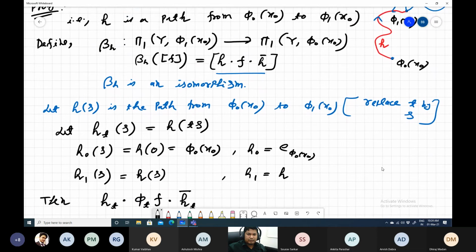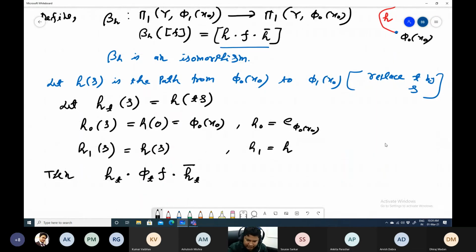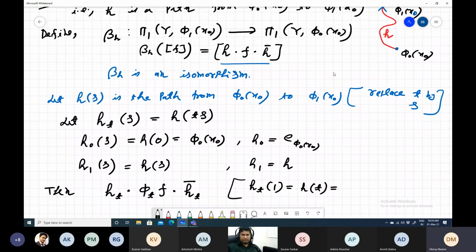Right, we can just check here. Now what is my h t 1? Equal to h of actually t? What is my h of t? Phi t x0.